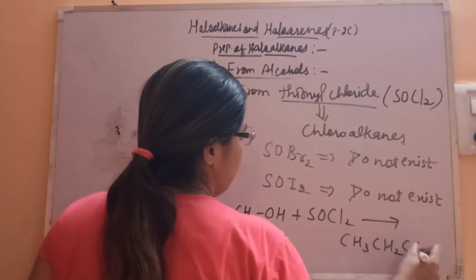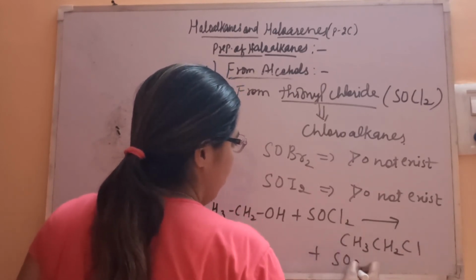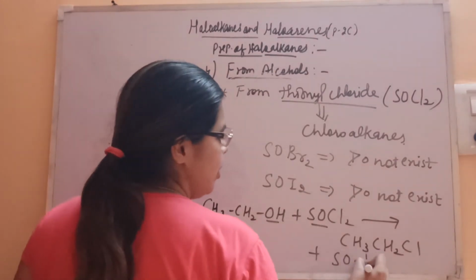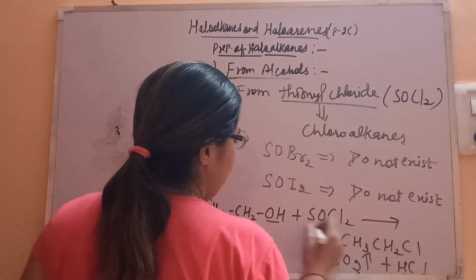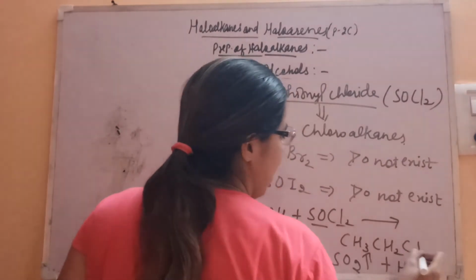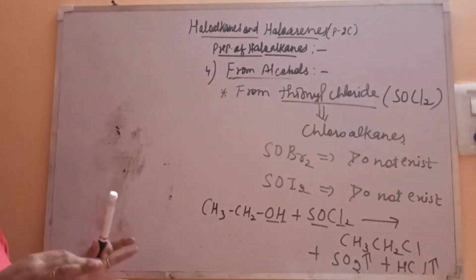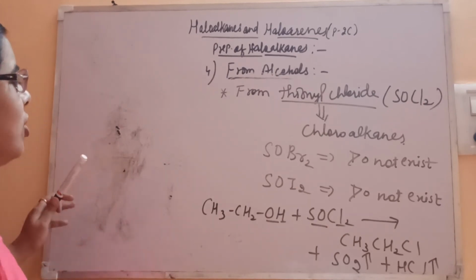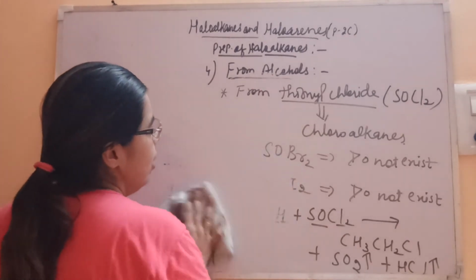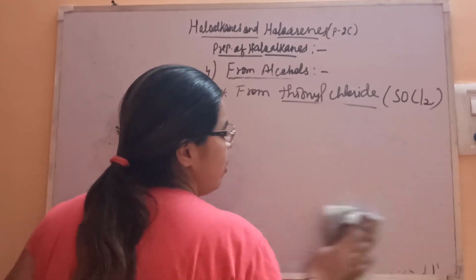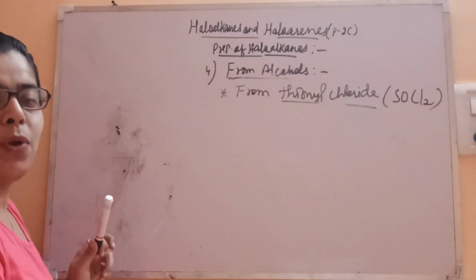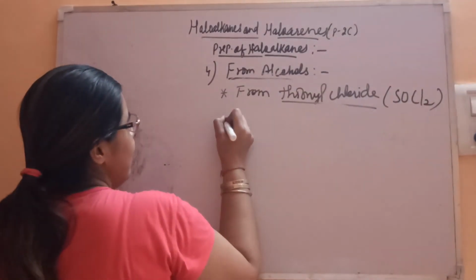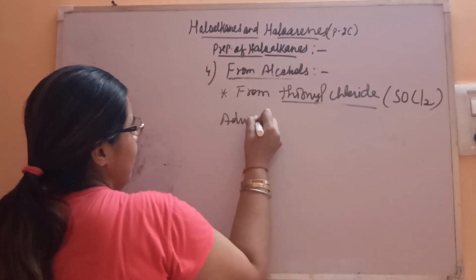CH3CH2Cl plus SO2, which is a gas, and then HCl will be a product which is also a gas. So this is the advantage of this method, that both the products are gaseous. If both the products are gaseous in nature, it means we're left with only the pure alkyl halide, that is pure chloroalkane. So what is the advantage of this method?